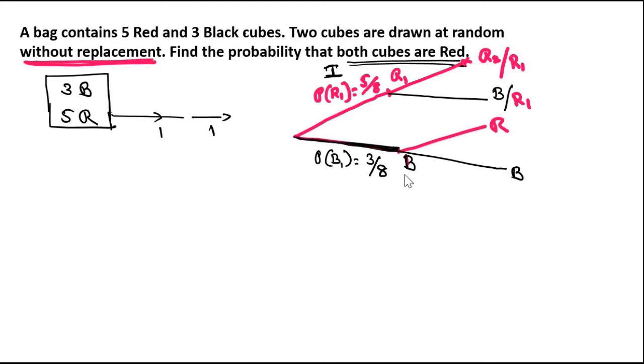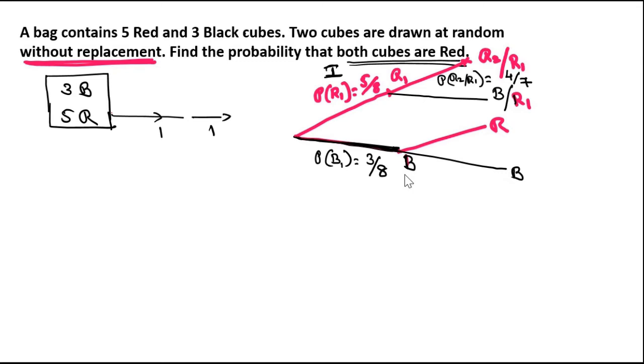Now R1 has happened, that means in the first draw 1 red ball we have taken outside. So here the total red balls are now 4. From 4 red balls we have to take the second red ball. So the probability of R2 given R1 is 4 by 7, because 1 red ball we have already taken, and of the total 8, 1 is taken.